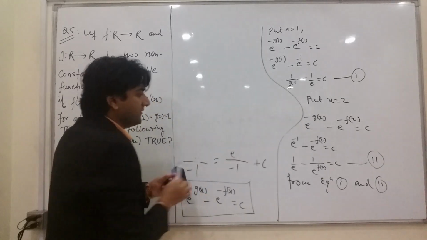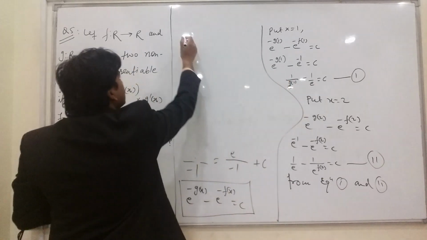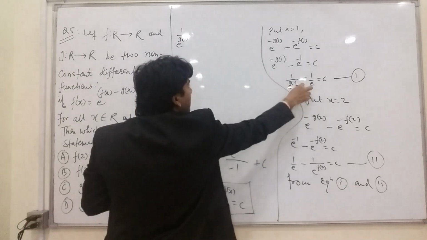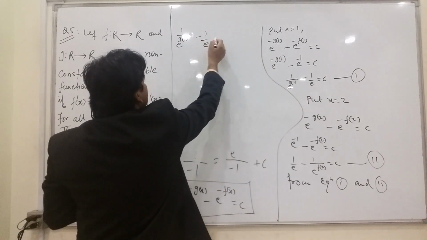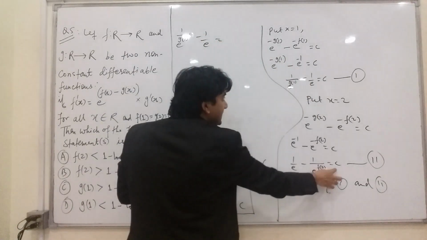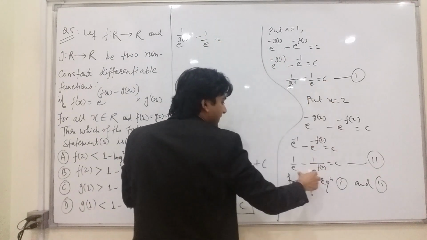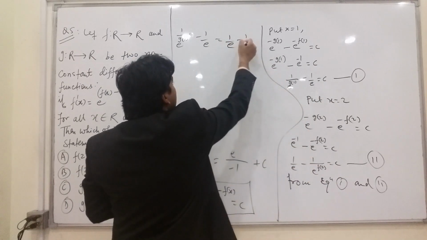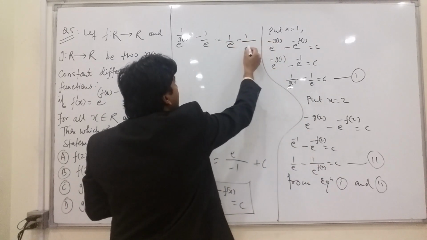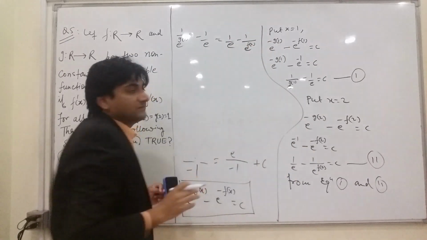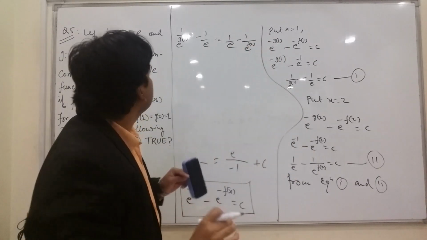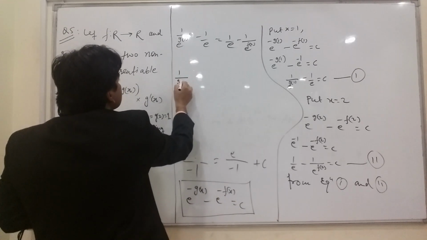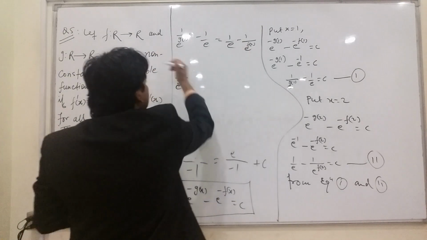First equation is 1 over e raised to g1 minus 1 over e equal to, this is also C, so instead of this C I will write 1 over e minus 1 over e raised to f of 2. Okay, then this is 1 over e raised to g1. Take this to the left side also.